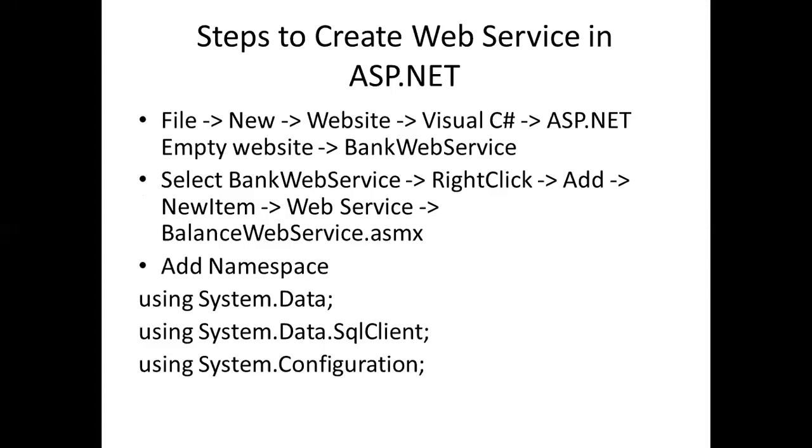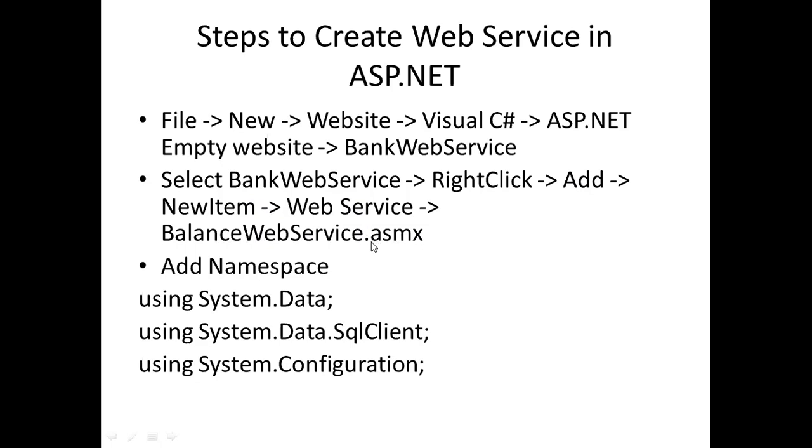The next step to create the web service is: click on File, New, Website, Visual C#, ASP.NET Empty Website, and give the name BankWebService. Then select the BankWebService, right click, Add New Item, Web Service, and give the service name BalanceWebService.asmx.